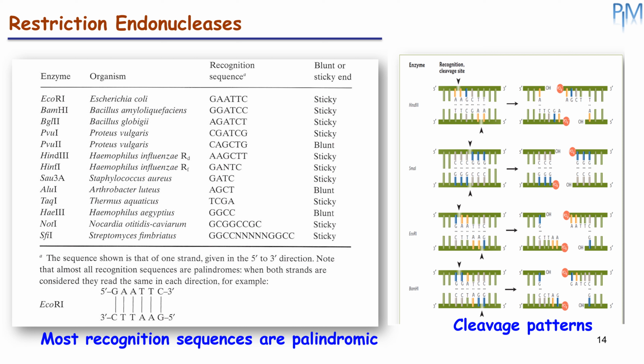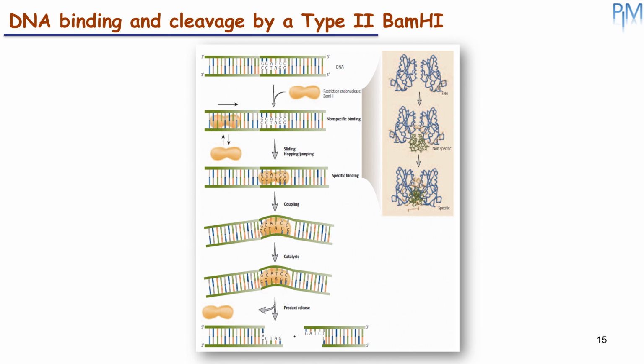The cleavage patterns are also described for HindIII, SmaI, EcoRI and BamHI. Here you go. These are the steps involved in DNA binding and cleavage by a type II restriction endonuclease, in this case BamHI. This specifically shows the non-specific binding and how the specific binding looks, then the coupling followed by catalysis and product release.